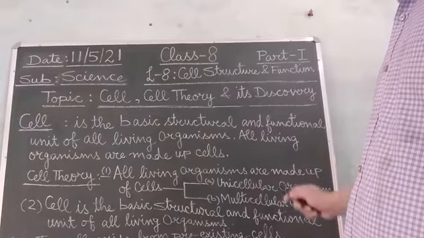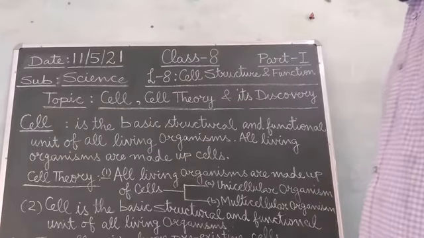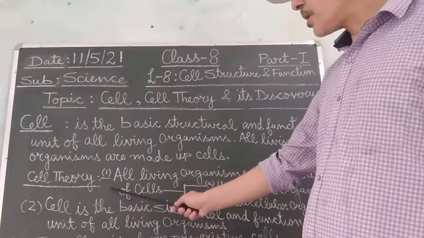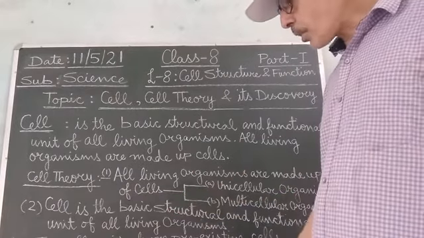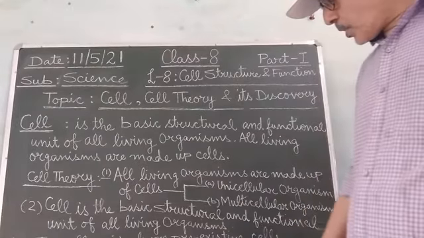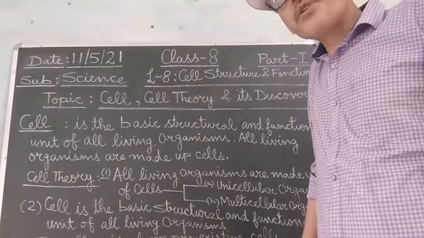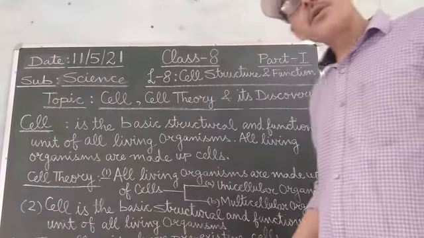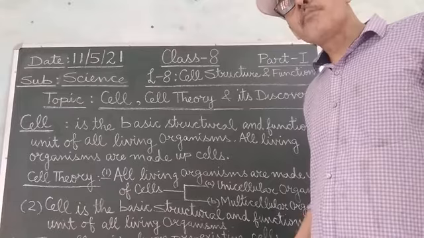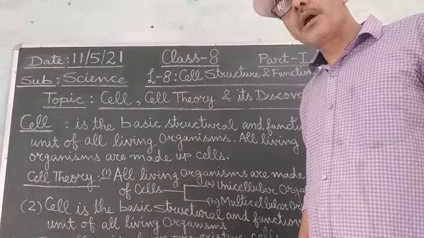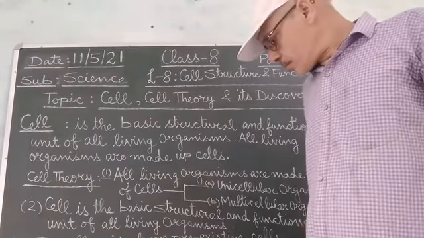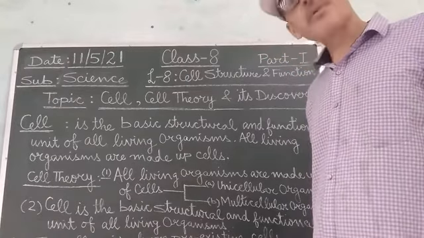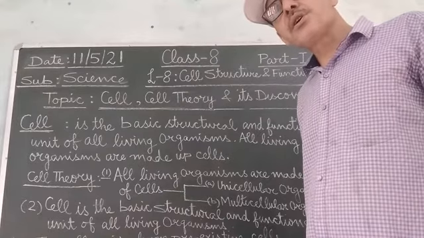Now after this, students, I will tell you about the cell theory. There was one German scientist who for the first time did the research on the plant cell. The name of that German scientist was Matthias Schleiden.